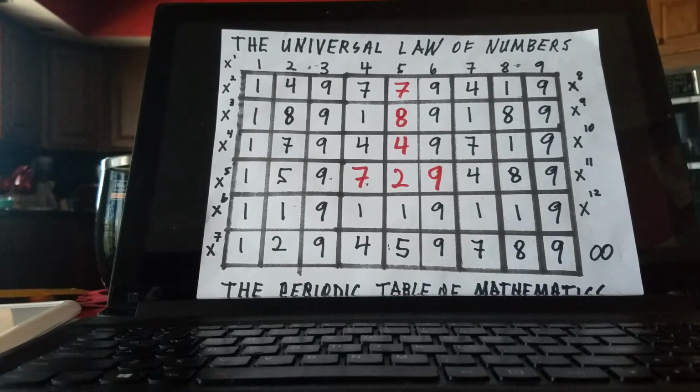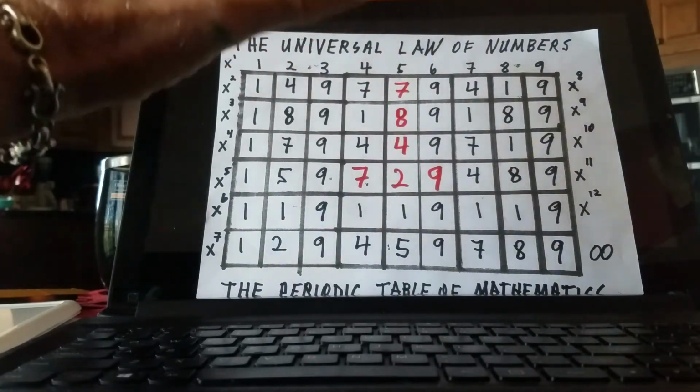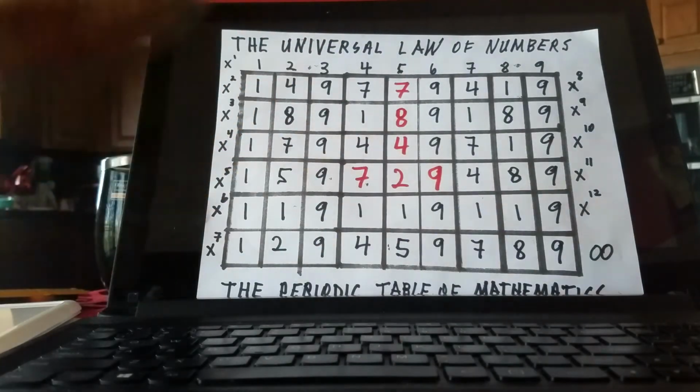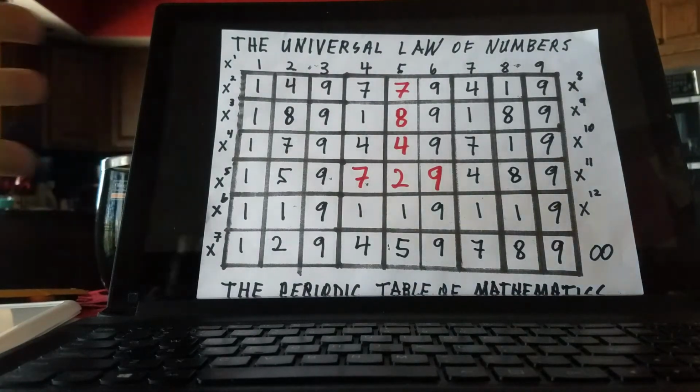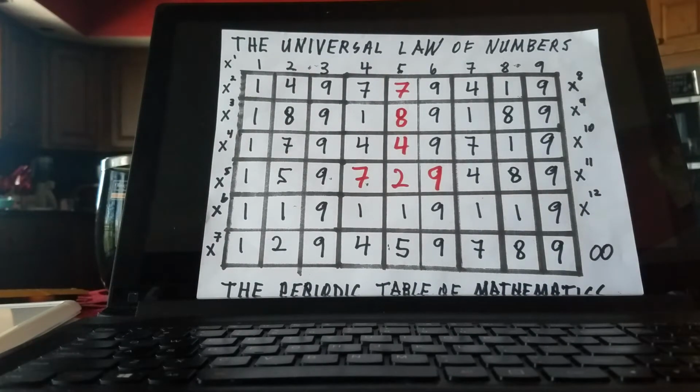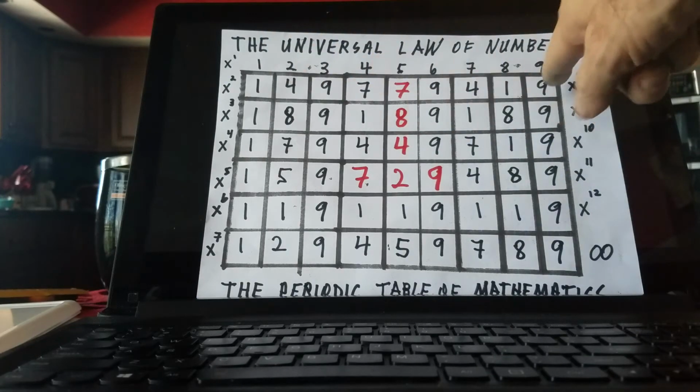So today was a very easy lesson, and we will continue on with the same thing as we go along, but the whole idea is simplification. Taking the whole universe of numbers, simplifying it into this very code, which is 54 numbers.